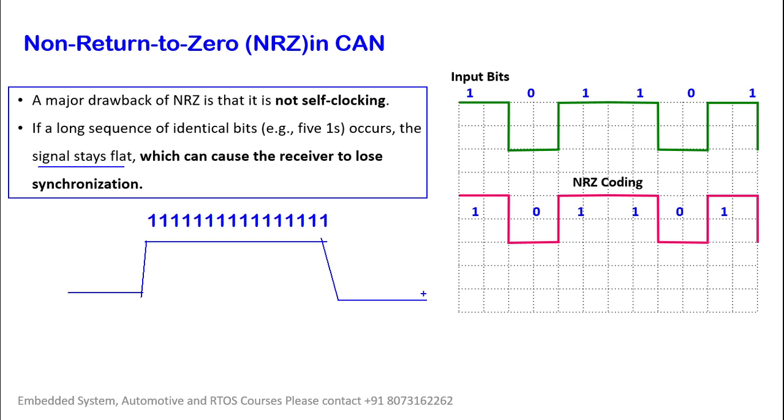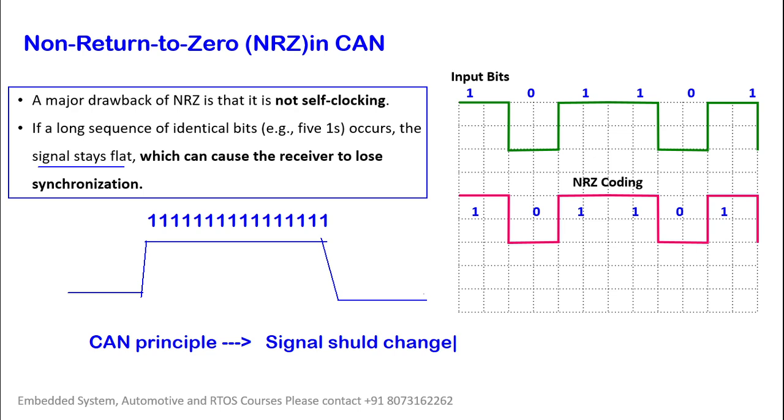But according to the CAN principle, the signal should periodically change its value. Signal level should change: 0 to 1, 1 to 0, 0 to 1, and 1 to 0.